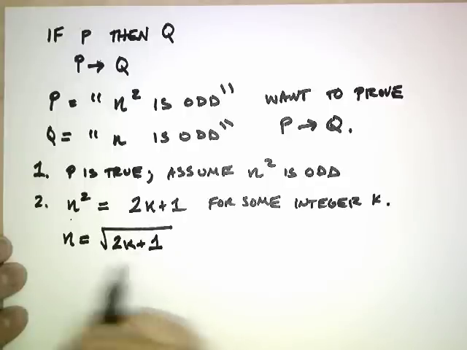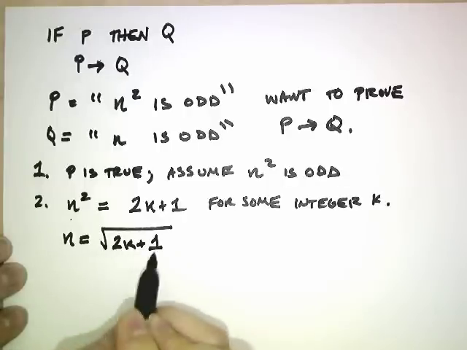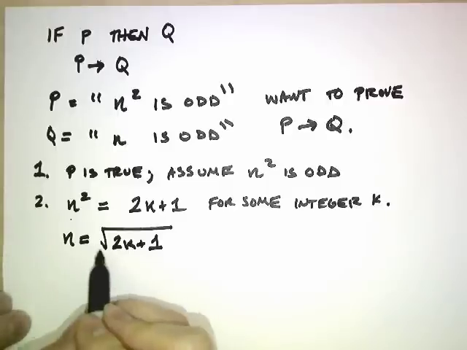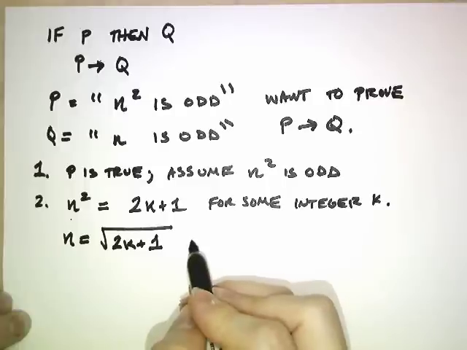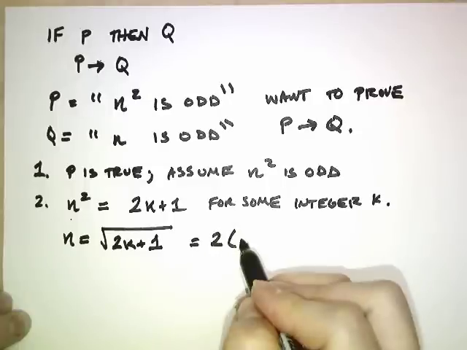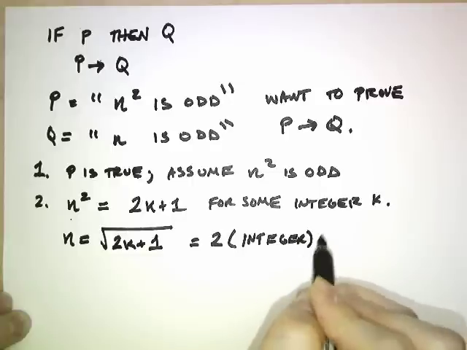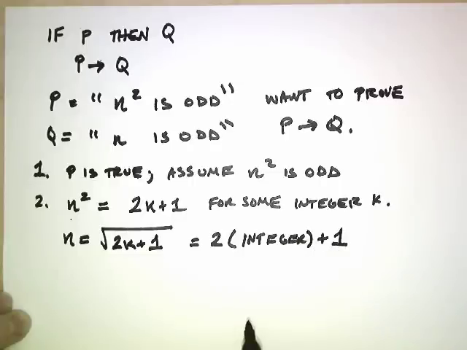But how do I know that this square root of 2k plus 1 is odd? I need to show that the square root of 2k plus 1 can be written in the form 2 times some integer plus 1. At least it's not clear to me how to proceed here, so we might want to try a different proof strategy.